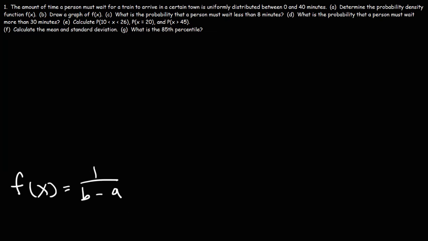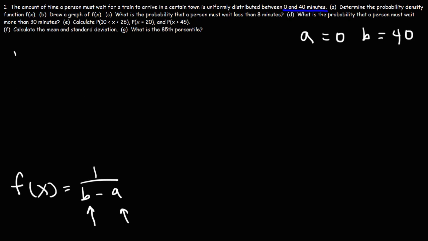Now, in order to finish part A, we need to determine what the values for a and b are in this example. So we were told that the time that the person must wait for the train to arrive in a certain town is going to be between 0 and 40 minutes. So a is the minimum value, a is 0. b is the maximum value, which is 40.